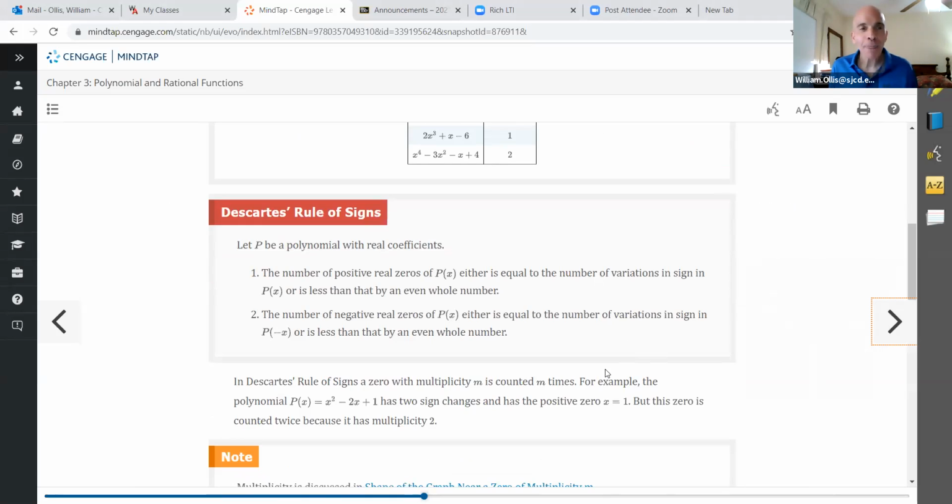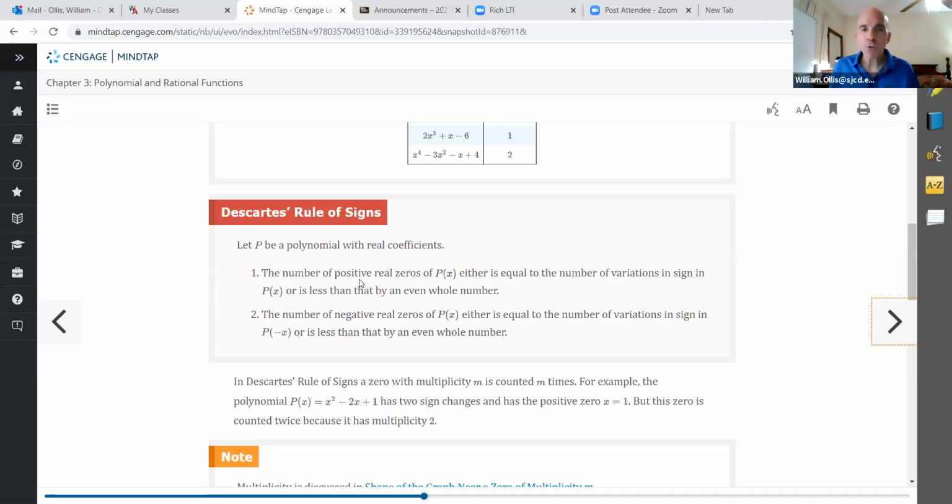Okay, now look at this, everybody. This is called the Descartes rule of signs. Now, why do we care about this, and why do we even care about the bounds theorem? I want to just kind of read through this, and then I want to show you how to do the variation in sign. So again, notice here, we want to have a polynomial with real coefficients, just like what we've been working with.